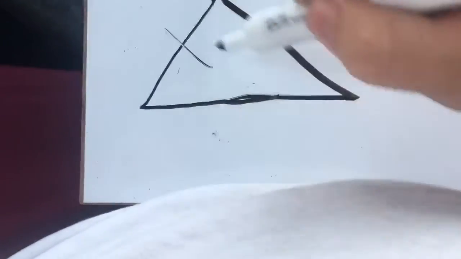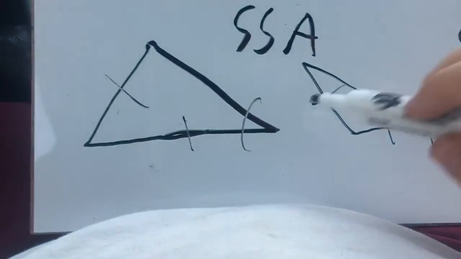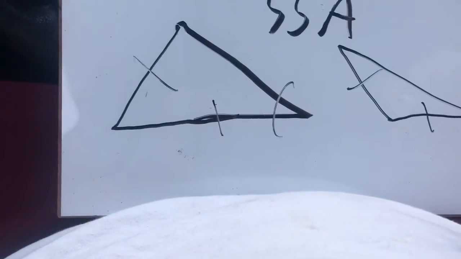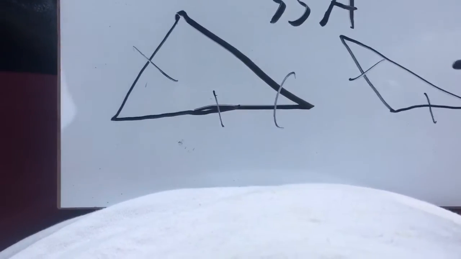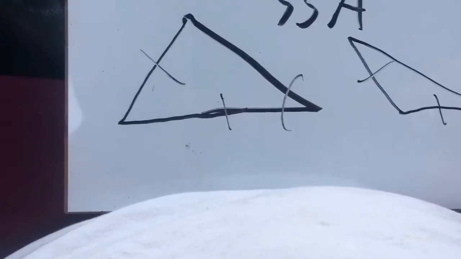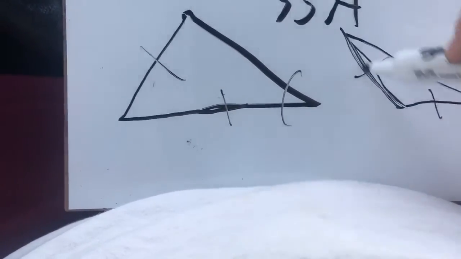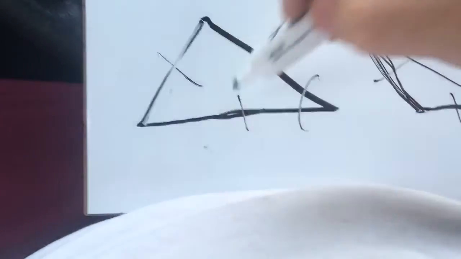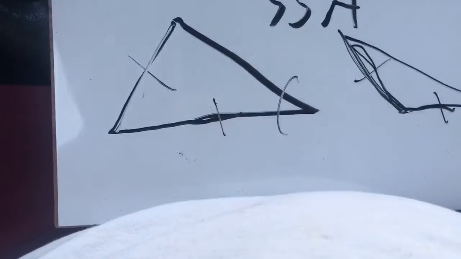Side angle. Yeah, side angle. Let's say there's a side and an angle, a side and an angle. They're congruent. But are they always congruent triangles? No. There's an ambiguous case. This can be open like this, or it can be closed like this. So it can be side angle, and they're the same side angle, but they're not congruent. But get this.